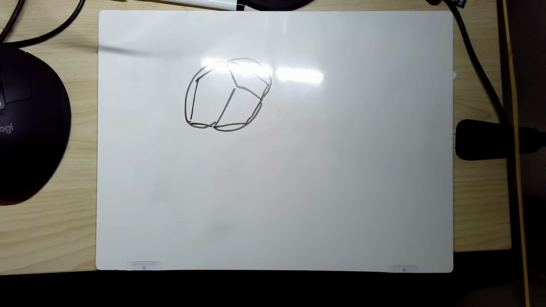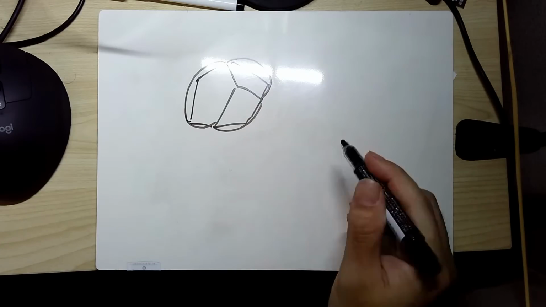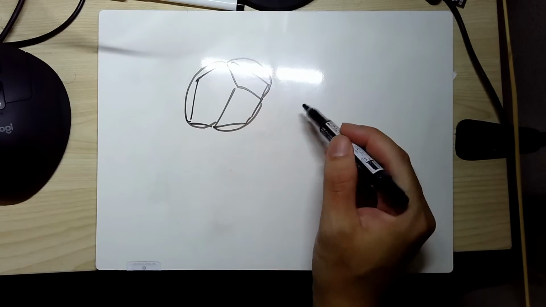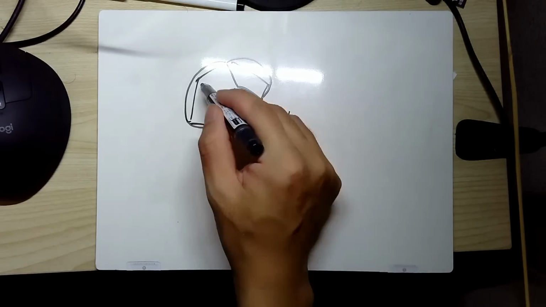My process here, I mean, there might be a lot of ways to deal with this kind of inflated shape, but my process that I'm going to do is to first get the outline of the cells.